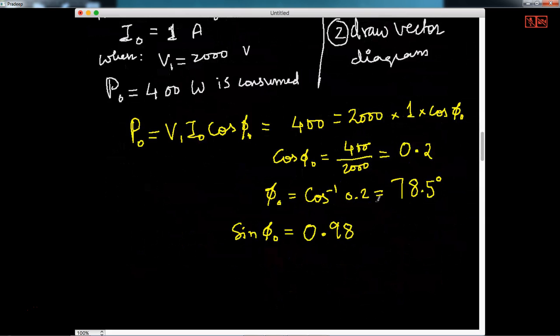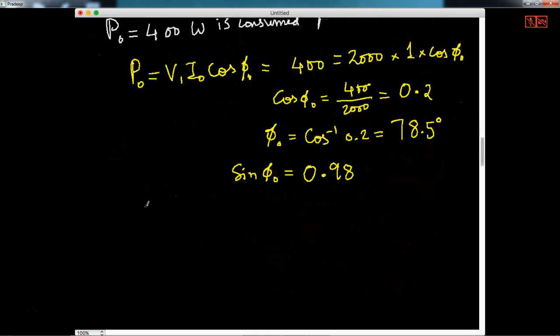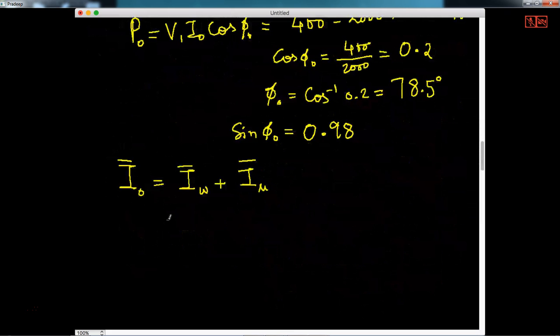Therefore now I can find the components of the current. I naught is nothing but IW plus I mu, and these two are also vectors. How to get IW? IW is nothing but I naught cos of phi naught, which is 1 into 0.2, so that is 0.2.